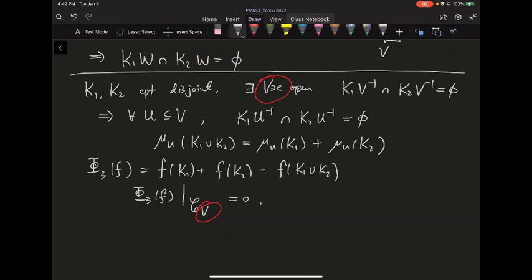Well, your mu comes from the intersection, so in particular your mu is from this C of V, so clearly phi 3 of this mu is going to be 0 as well. So mu is additive. This finished the proof of this proposition.